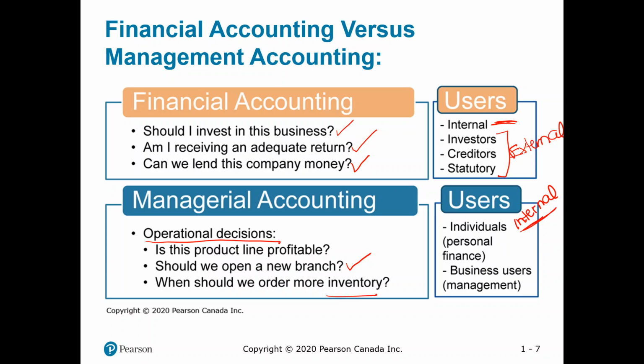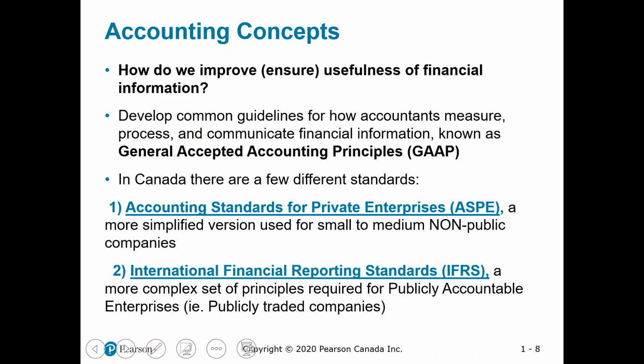So as I said, lots of users, and we need to know how they can decide if that information is accurate. And accountants have to follow a set of rules. They can't just record transactions in any way that they want. There are rules that need to be followed.